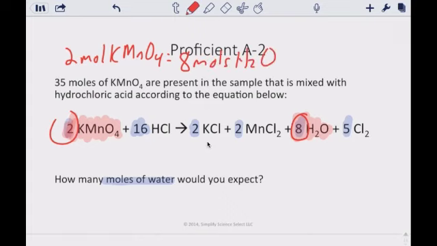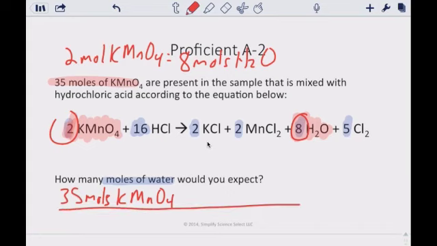And so we can set up this problem. When you're setting up any stoichiometry problem, you start with the number that it gives you in the problem. So we have 35 moles of our KMnO4.